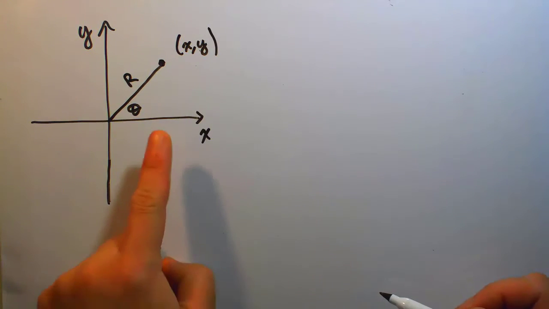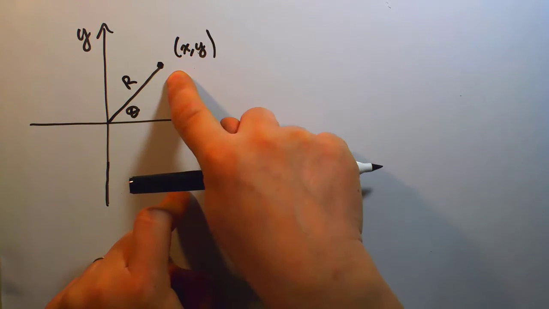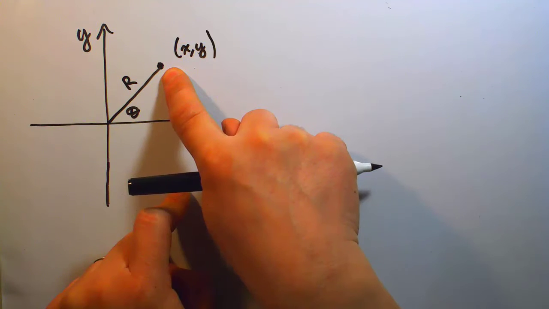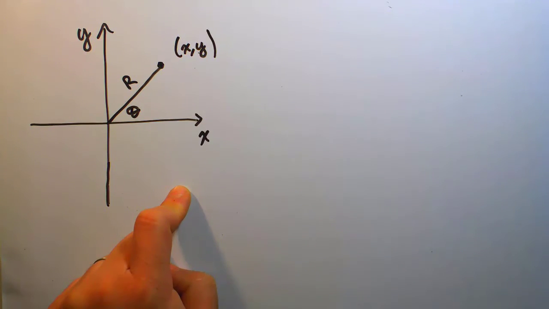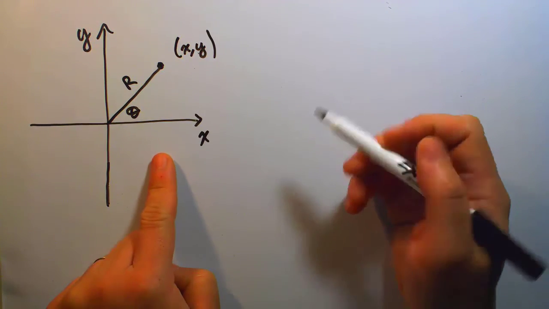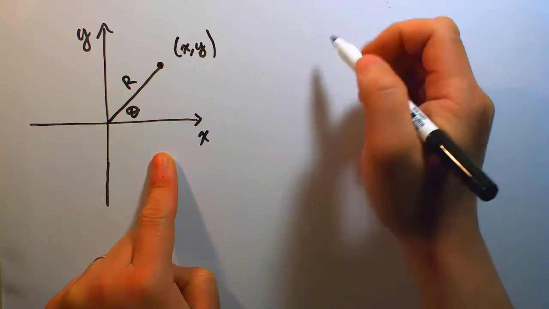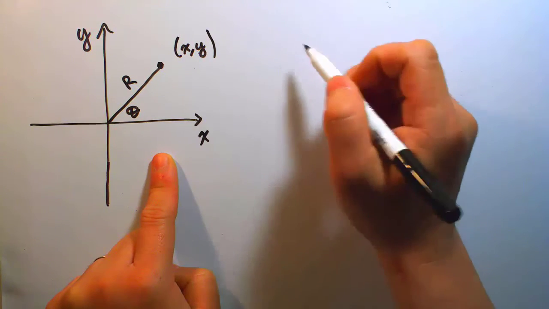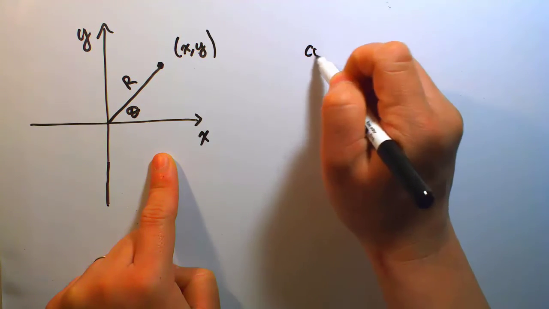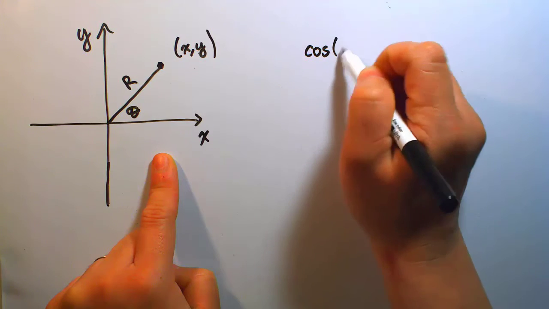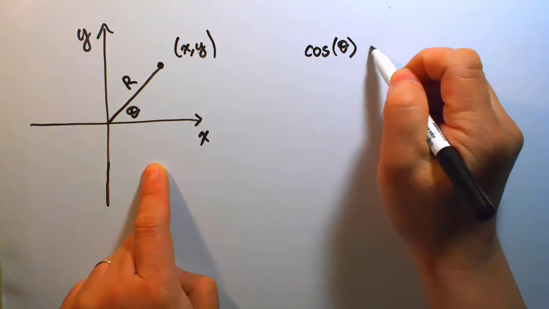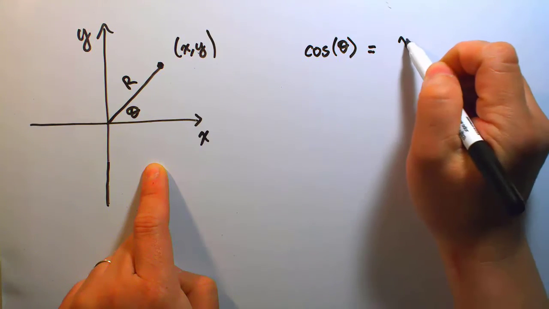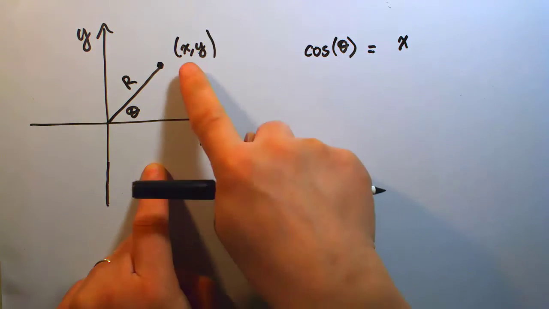Now, once you're working with a rectangular coordinates point on a general circle, not necessarily the unit circle any longer, we have a relationship: the cosine value of the central angle theta is related to the x coordinate of your terminal point.